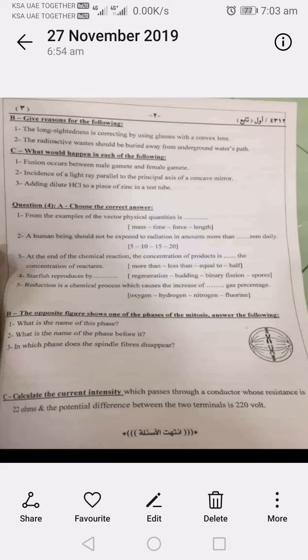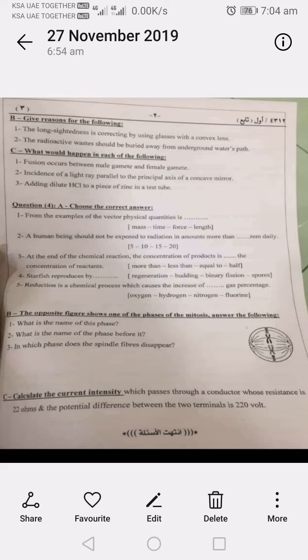Calculate the current intensity which passes through a conductor whose resistance is 12 ohms, if the potential difference between its terminals is 120 volts. To calculate the current intensity, we divide the potential difference over the resistance.